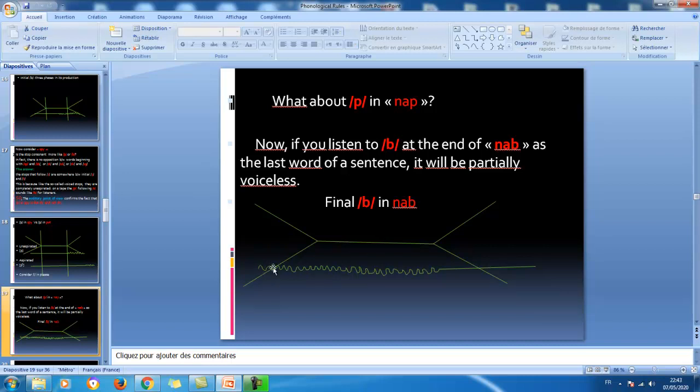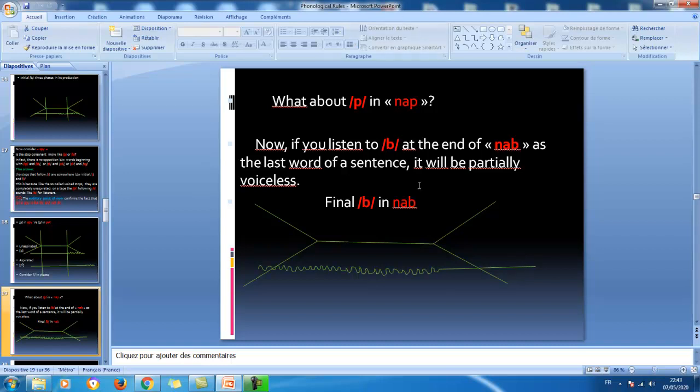We have got voicing in the first and the second phases here. But by the end of it, we have got voicelessness. Why do we have voicelessness by the end? Because there is nothing after it to be pronounced. We stop voicing here. We say na, and we don't even release the air. So there is a period of voicelessness here.